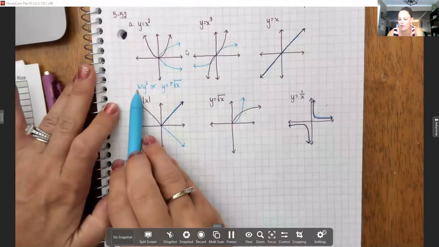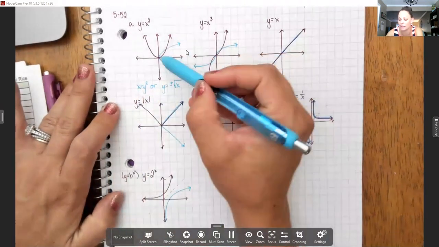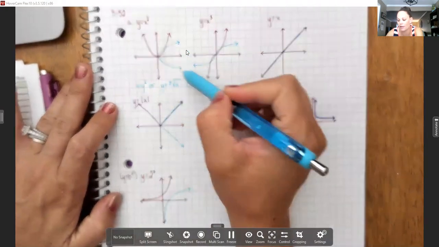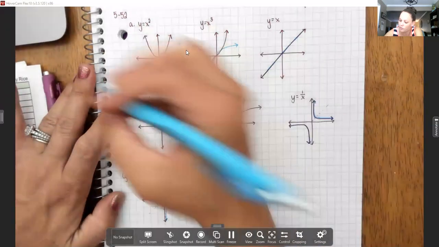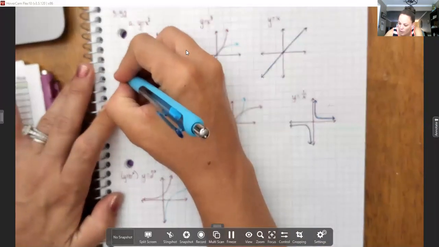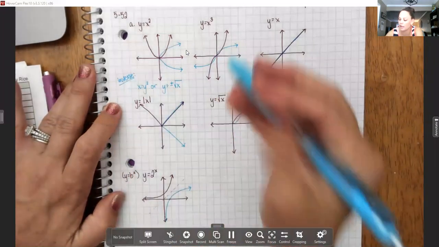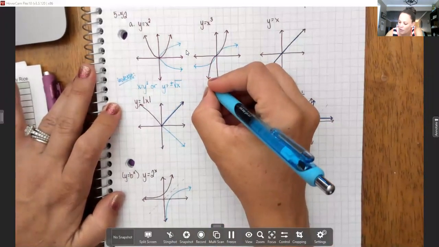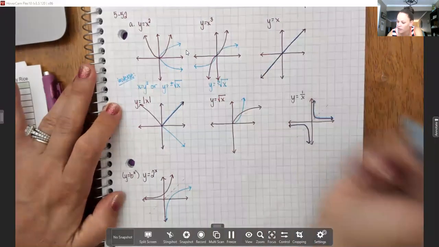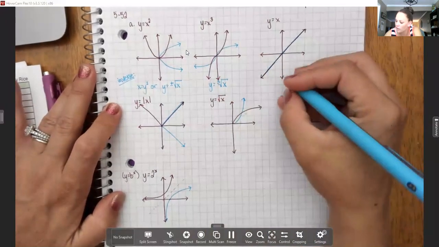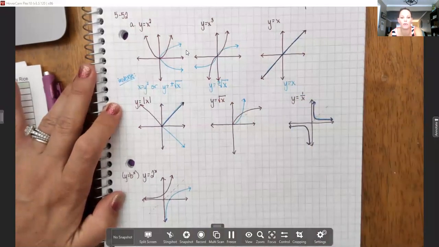So we know a sleeping parabola is x equals y squared, or we can write it as the positive square root and the negative square root. So I'm going to do all my inverses in this blue color to be consistent. Here, the inverse is y equals the cube root of x. Here, it's the same thing, so it's y equals x.